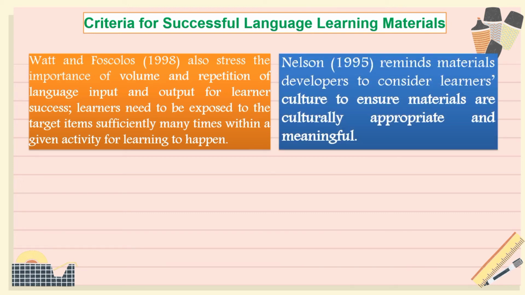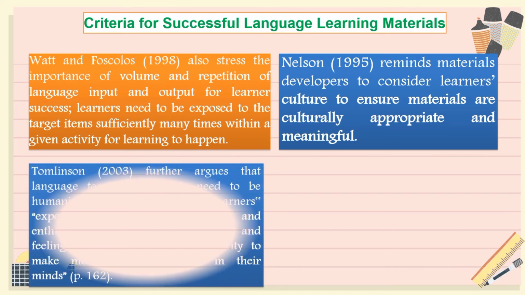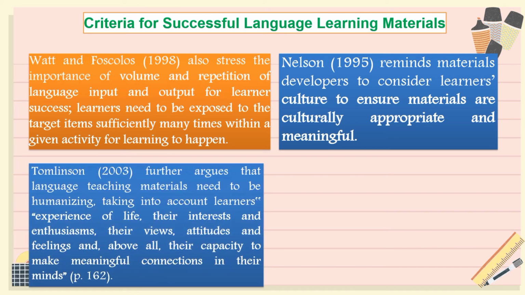Nelson in 1995 reminds materials developers to consider learners' culture to ensure materials are culturally appropriate and meaningful. Tomlinson in 2003 further argues that language teaching materials need to be humanizing, taking into account learners' experience of life, their interests and enthusiasms, their views, attitudes and feelings, and above all, their capacity to make meaningful connections in mind.